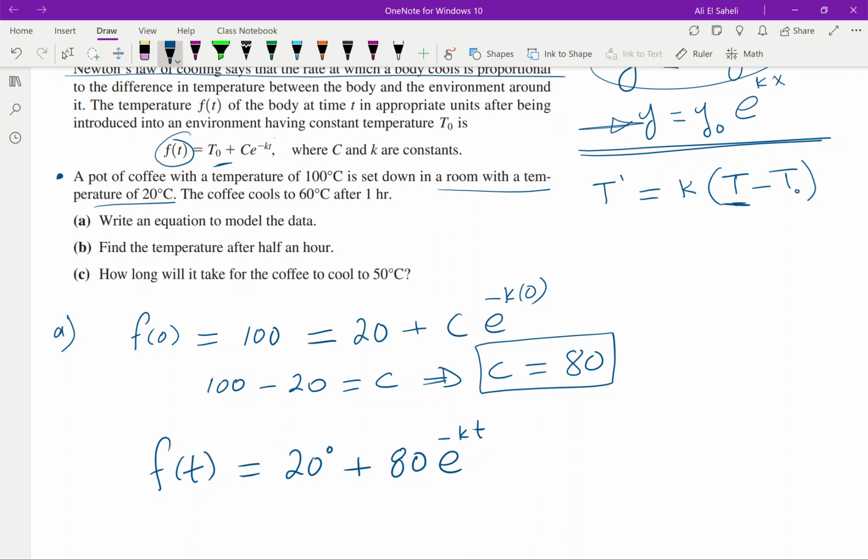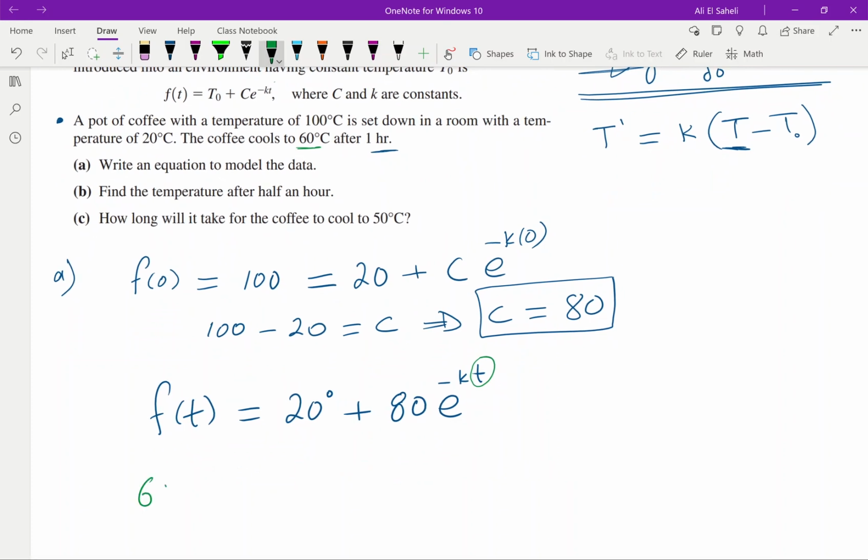Now we're told that after 1 hour, so when t is equal 1 hour, the coffee temperature becomes 60.